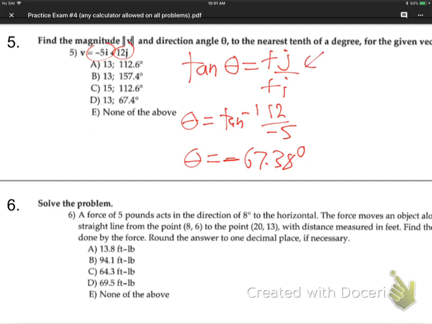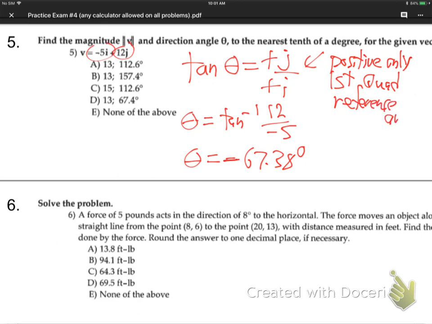So, positive only. Get a first quadrant reference angle.